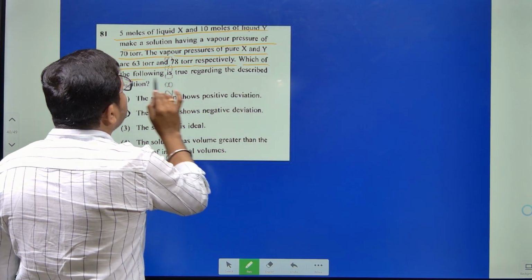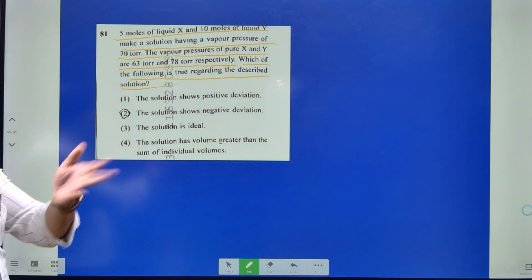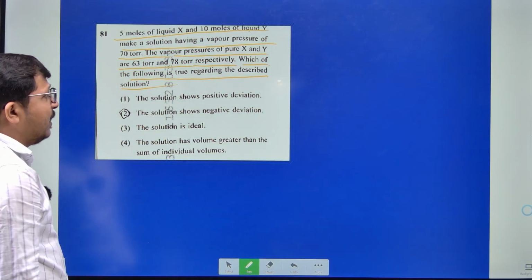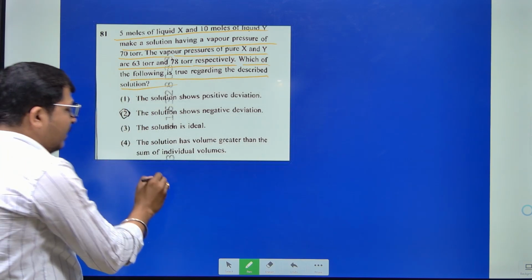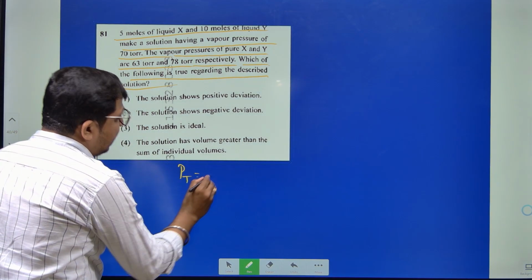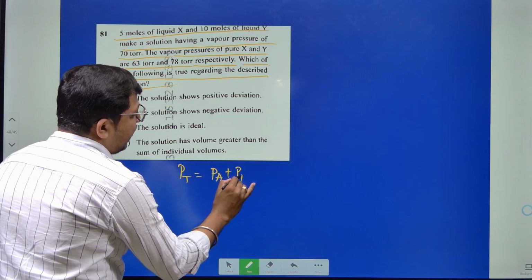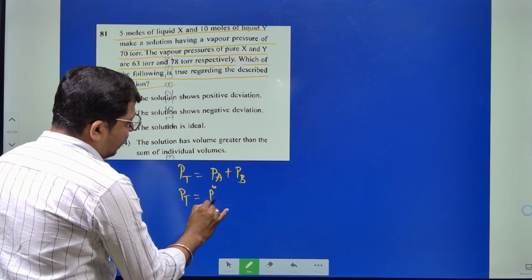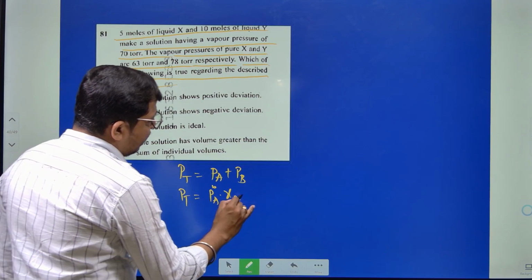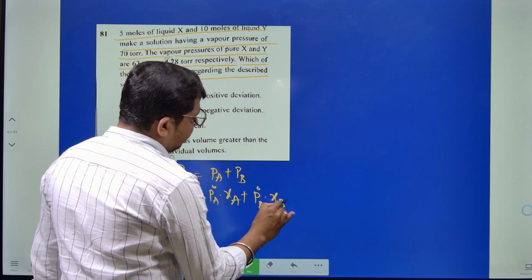Which of the following is true regarding the described solution? Simple. First we will solve the problem from the given data. PT is equal to PA plus PB. PT is equal to P naught A into XA plus P naught B into XB, right?